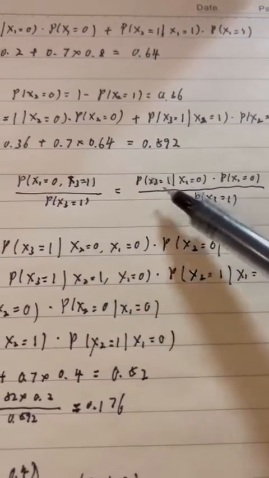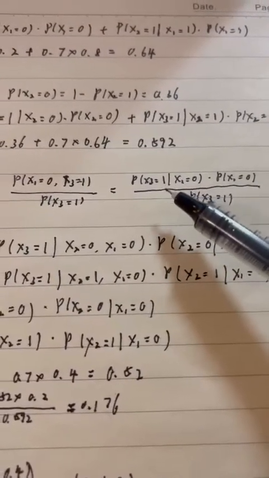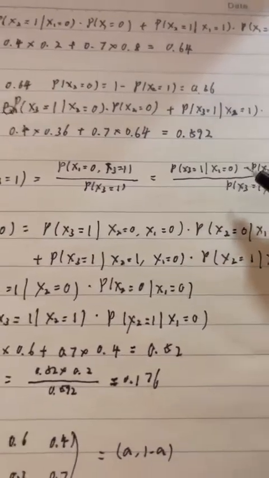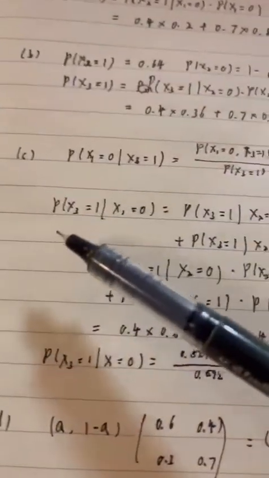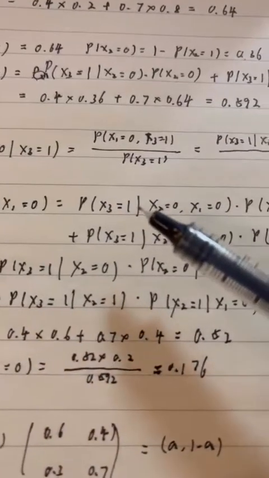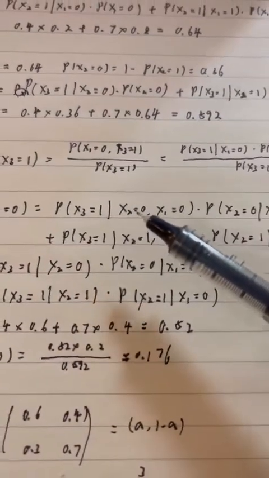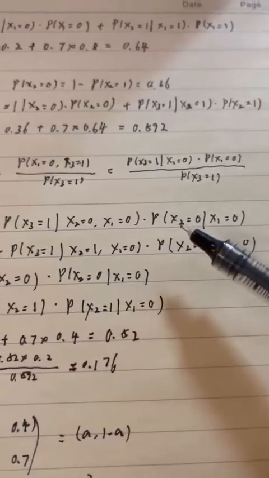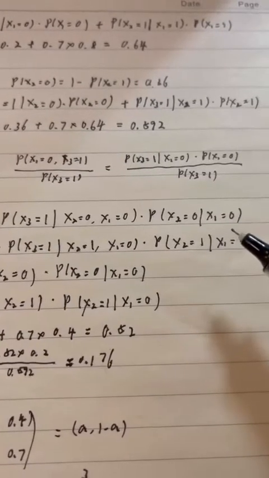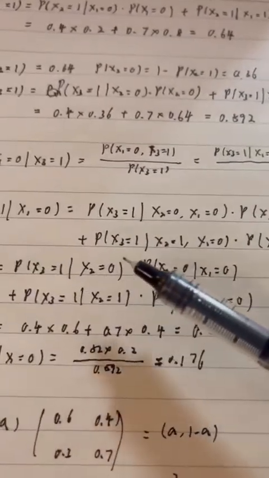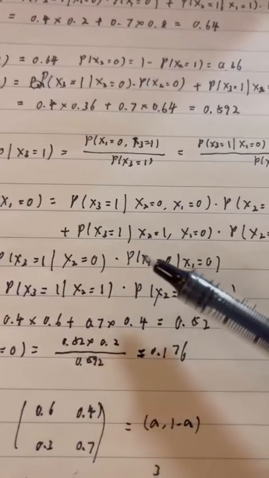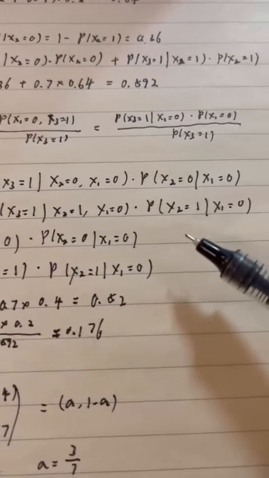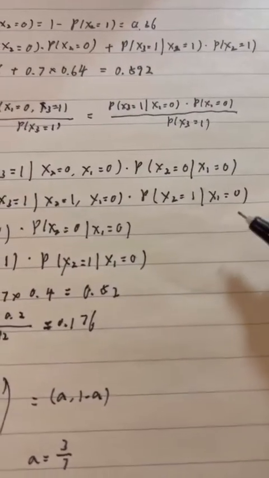So basically, we just need to solve P(x3 = 1 | x1 = 0). Writing it out, it equals P(x3 = 1 | x2 = 0, x1 = 0) times P(x2 = 0 | x1 = 0), plus P(x3 = 1 | x2 = 1, x1 = 0) times P(x2 = 1 | x1 = 0).